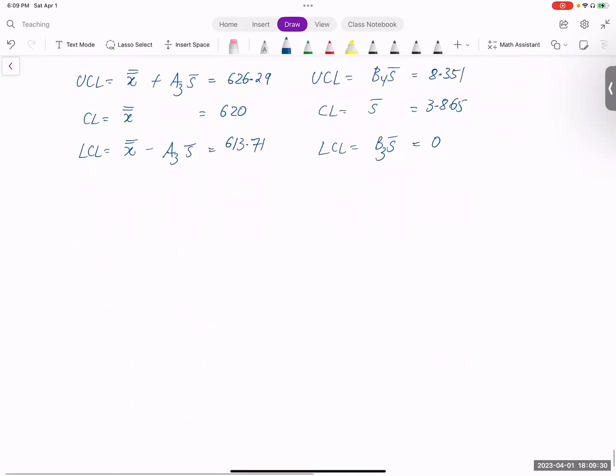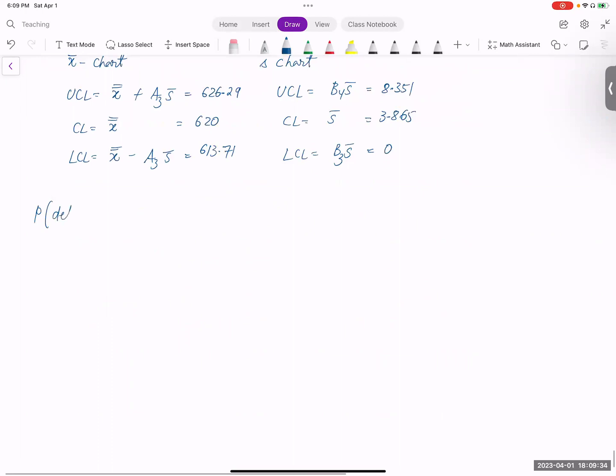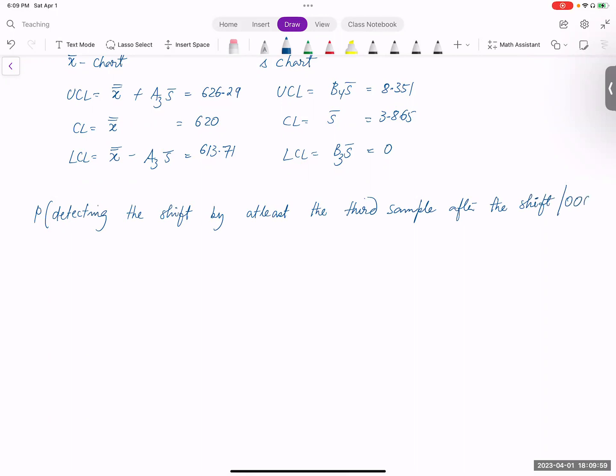So the question is asking the probability of detecting the shift by at least the third sample after the shift, given the process is out of control.